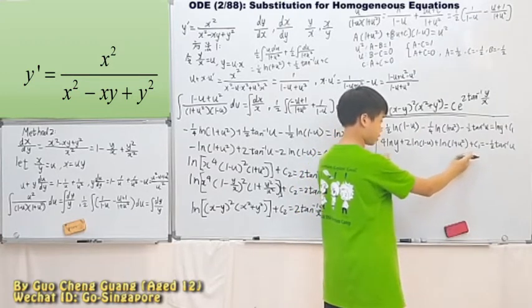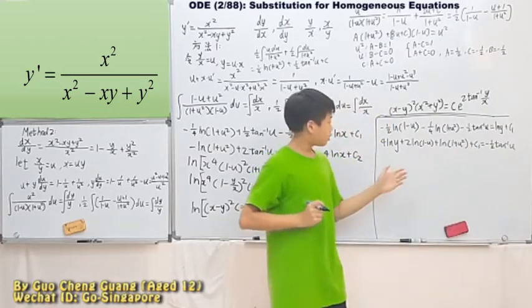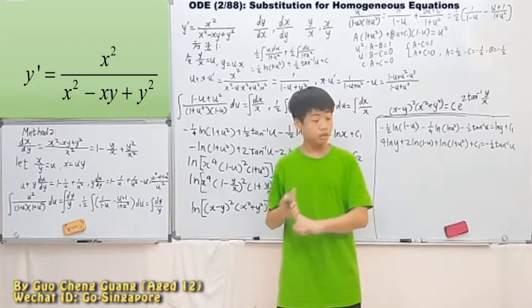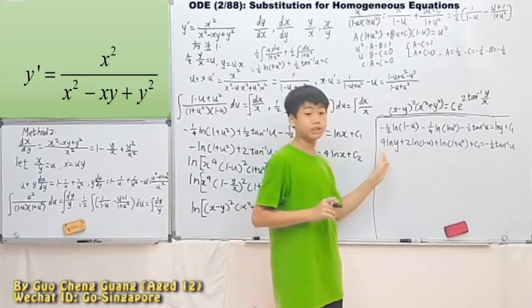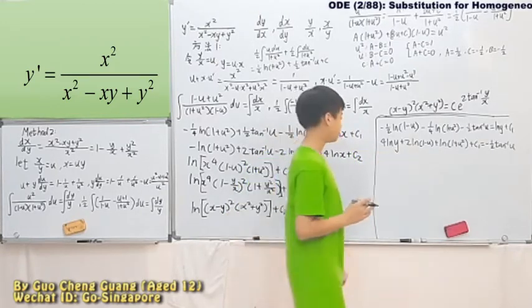Then for these three parts, you can put them together into one log. These coefficients will become the power.